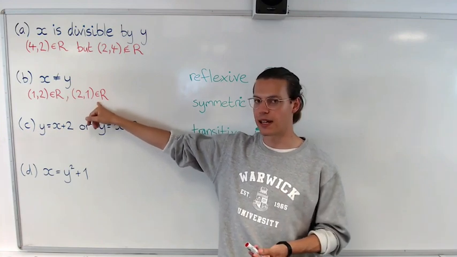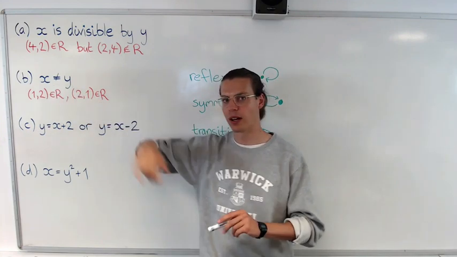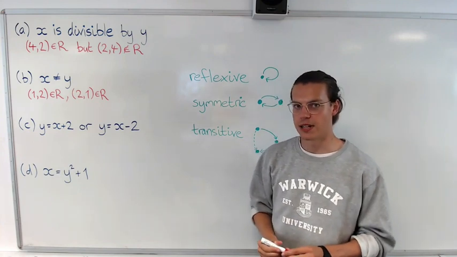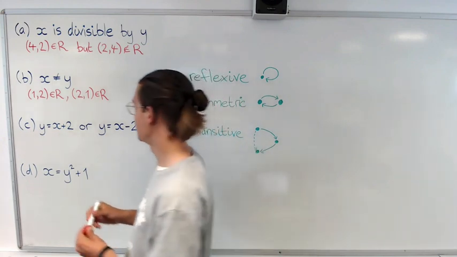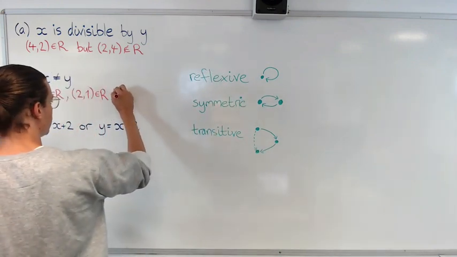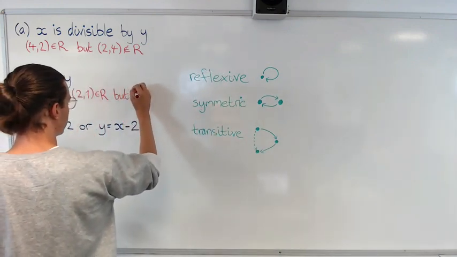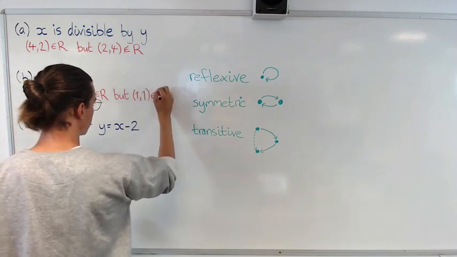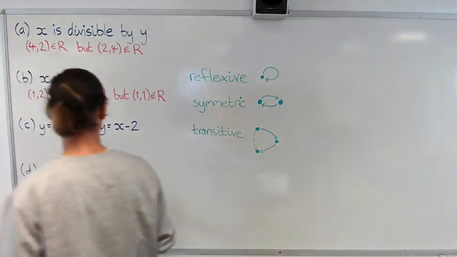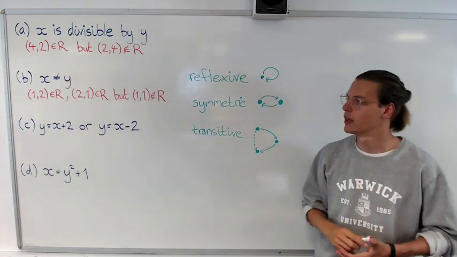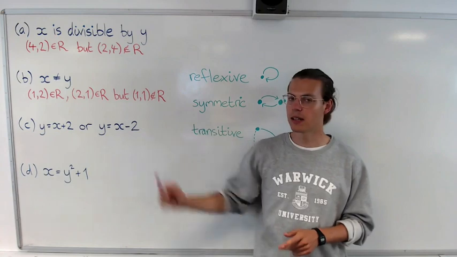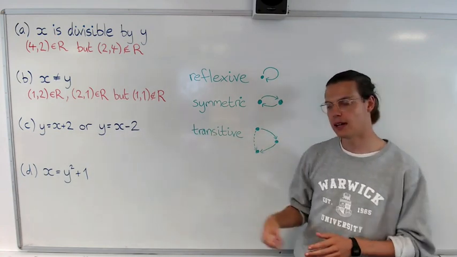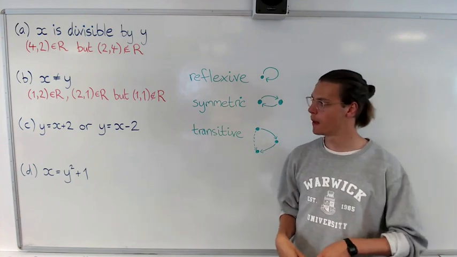But that's clearly not the case. 1 is equal to 1, so 1 is not related to 1, and so this relation is not transitive. Relation B is not reflexive, it is symmetric, and it is not transitive.